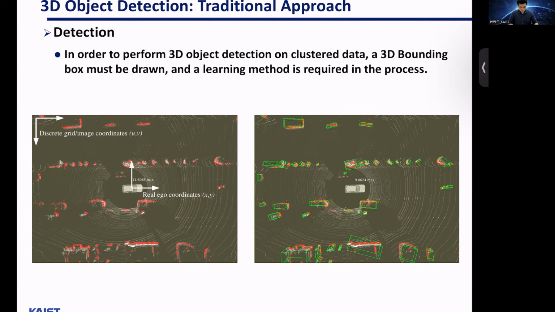So many of the level 5 or level 4 autonomous vehicles almost always use LiDAR sensors, and many of them actually still use traditional approaches, and sometimes they do use deep learning based approaches if they want to really push the limit and maximize the perception performance.